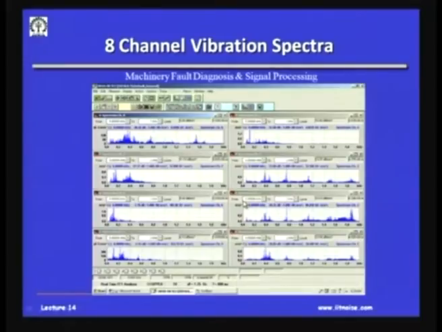Now, these are the vibrations of the cement plant at different locations, and all I have shown you here is the spectrum. These are just the FFT spectra, real FFT spectra obtained from 8 different locations on the cement plant while the operations were going on.